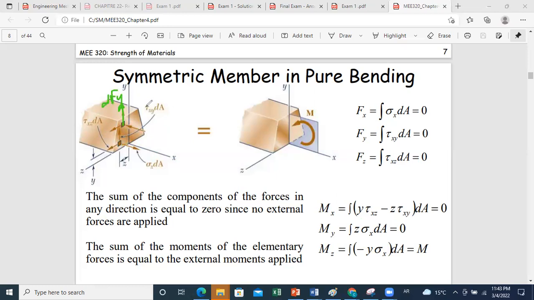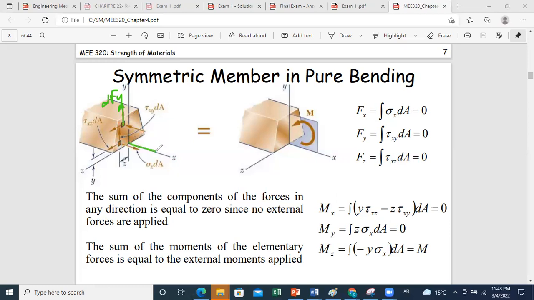And then if I look at this figure to determine the moment of this force about the x-axis, I should consider the following distance, the perpendicular one.